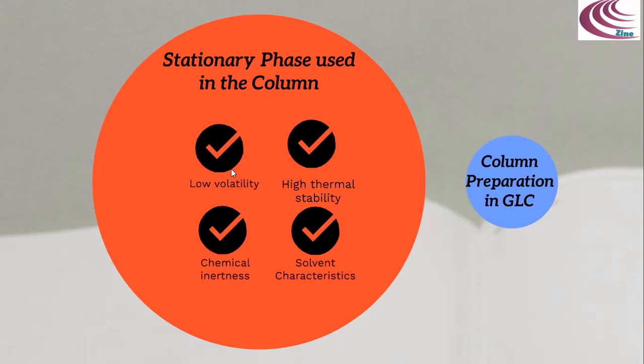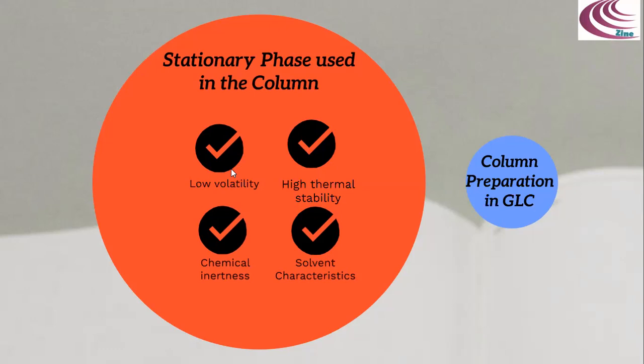No such ideal liquid which satisfies all these requirements is available. As an effect, GLC, that is gas liquid chromatography, makes use of several interchangeable columns, each with a different stationary phase. A variety of liquids can be used as stationary phases in gas liquid chromatography.